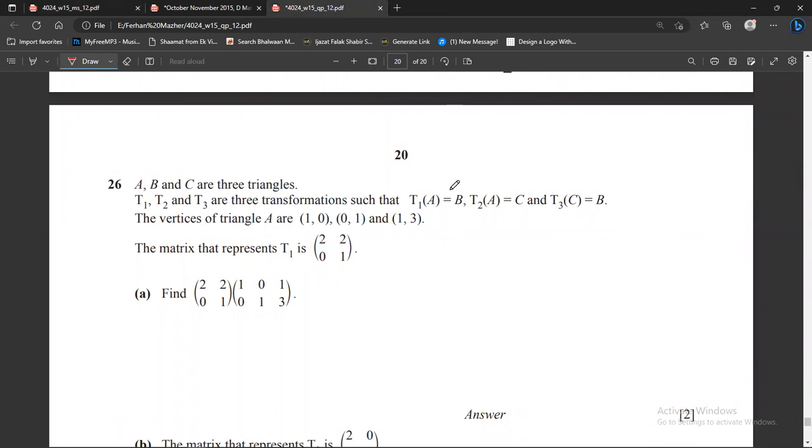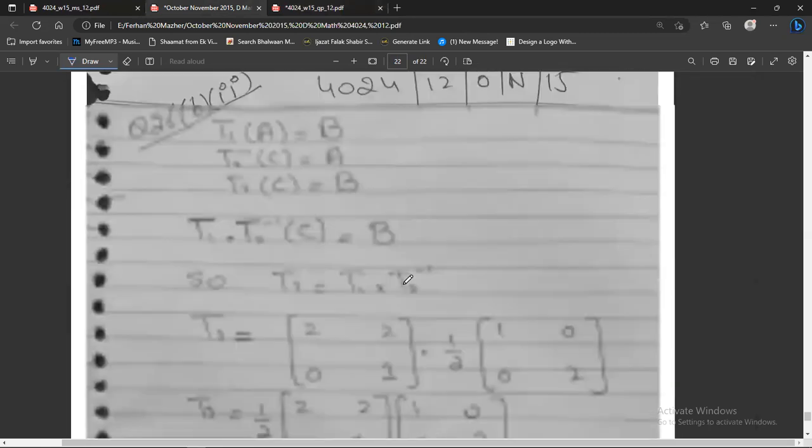T3 is this, which takes C onto B. So it is basically, if you take the inverse of T2, you come to A, then apply T1 on that, and you will get B. It's a very tricky thing.